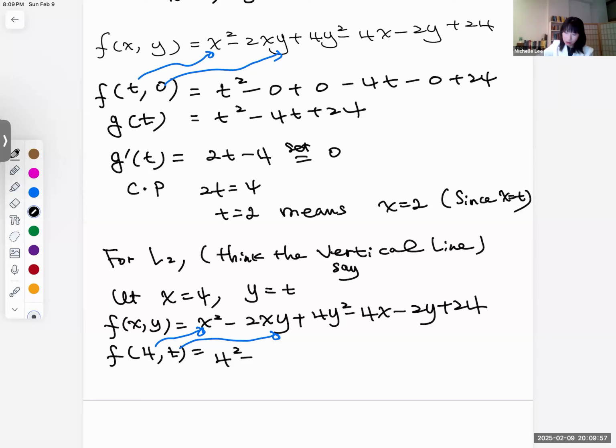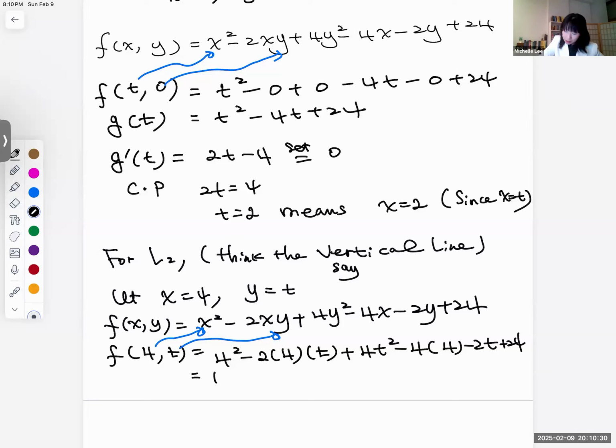Oh, it's not 0, so we have to do everything. Be patient. So 4 squared minus 2 times 4 times t plus 4t squared minus 4 times 4 minus 2t plus 24. Let's arrange that.